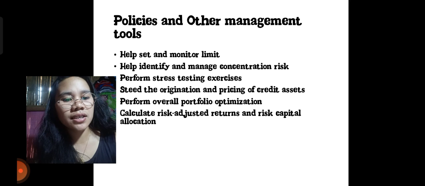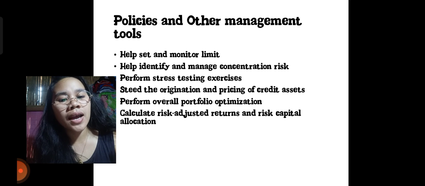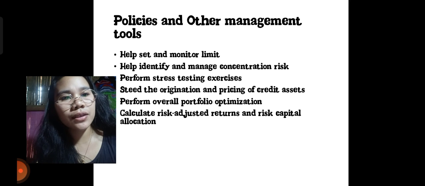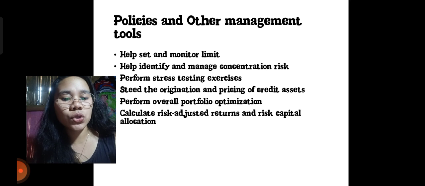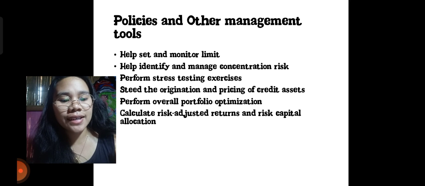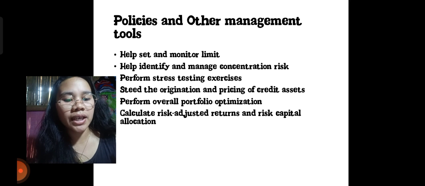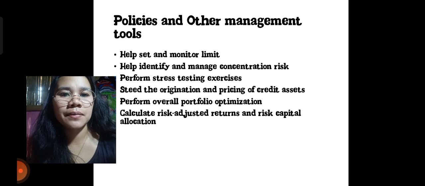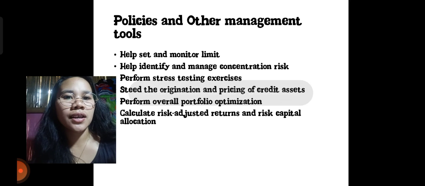Risk-adjusted return refers to a calculation of the profit or potential profit. Capital allocation denotes the internal process by which a financial intermediary decides to allocate capital to cover its various risks. That's all. Thank you.